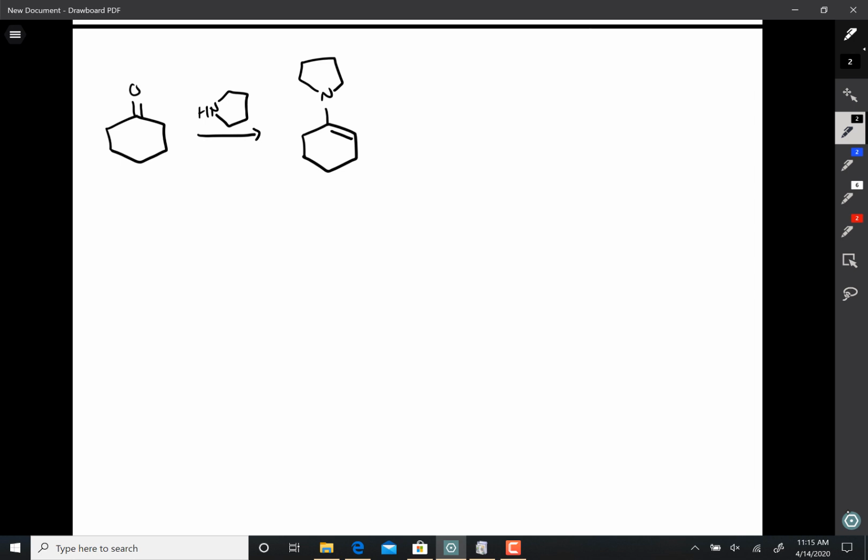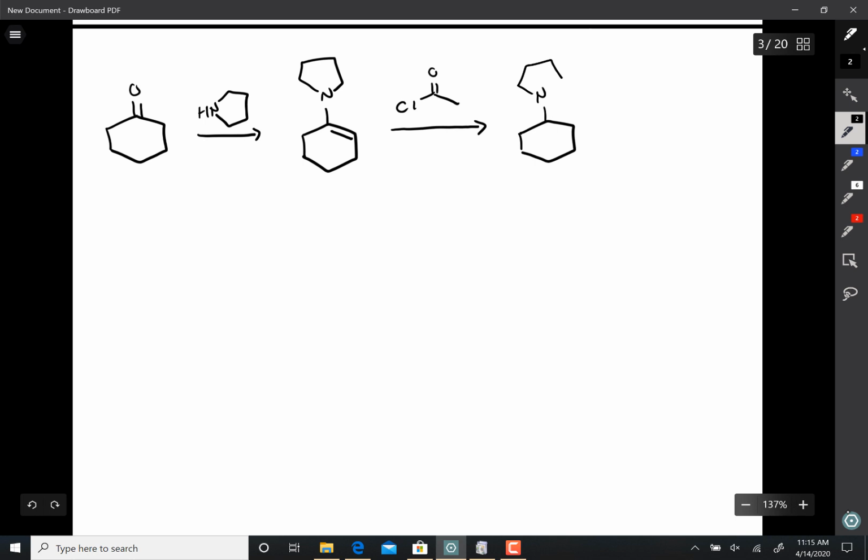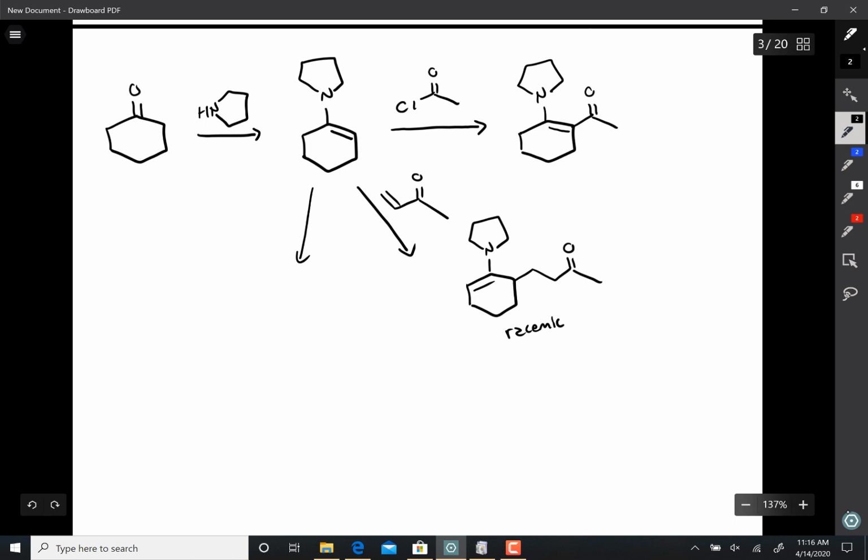And then from this enamine, we can react this with varying electrophiles, such as the ones that are typically used, things like acid chlorides, Michael acceptors, or SN2 electrophiles.